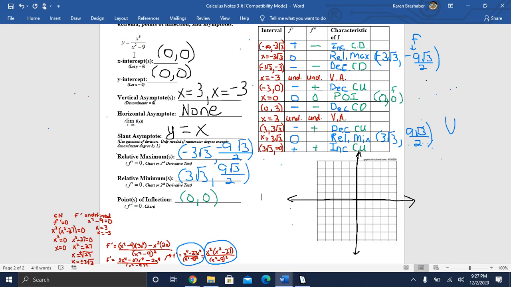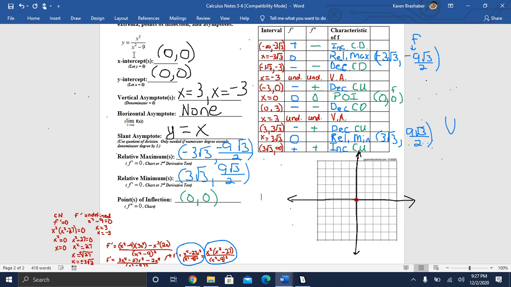For example, the X and Y intercept were both 0, 0. So you definitely want to plot that point. We will also be plotting the maxes and mins, but I want to get the vertical asymptotes on first.